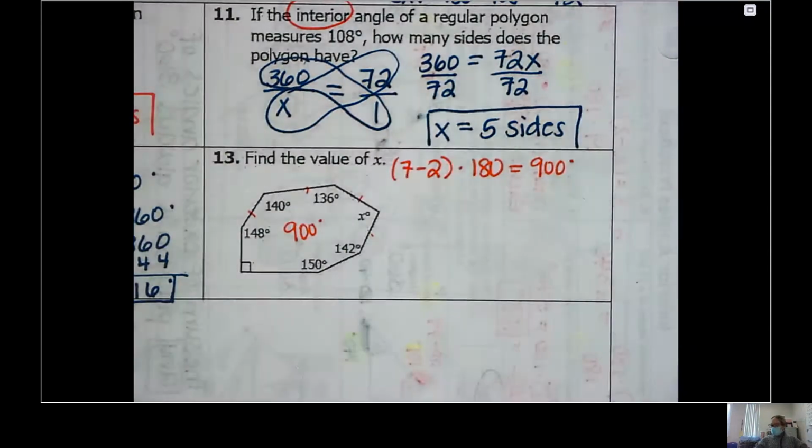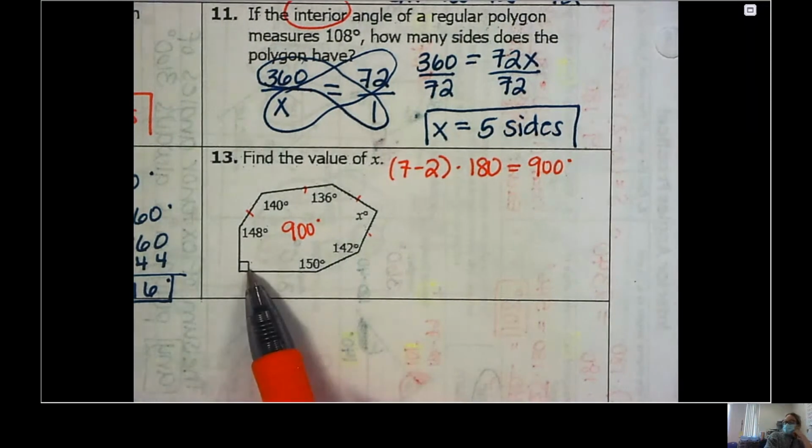So what am I going to do? Add them all up and set them equal to 900. Now, be very careful. When you add up all these angles, you better have a calculator. What is this box right here? 9 degrees.